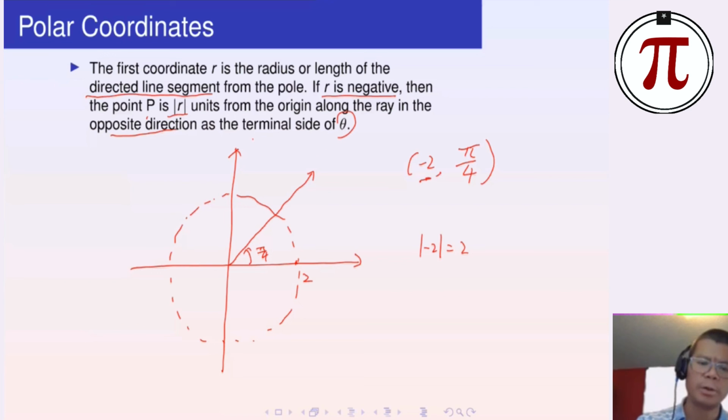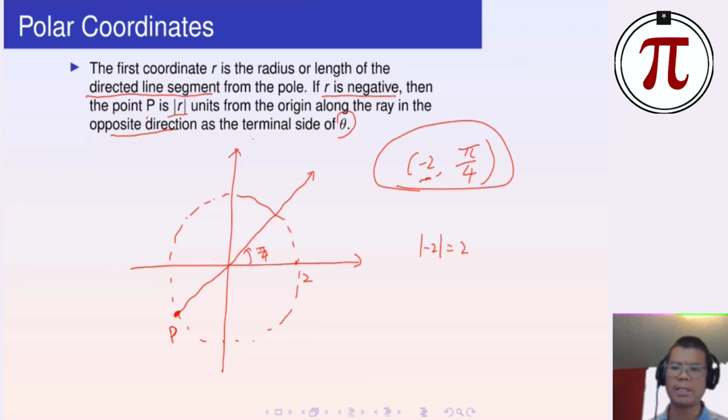So that is the point P, (-2, pi over 4). Does that make sense? Now, of course, this one is the same thing as what? 2 and what?